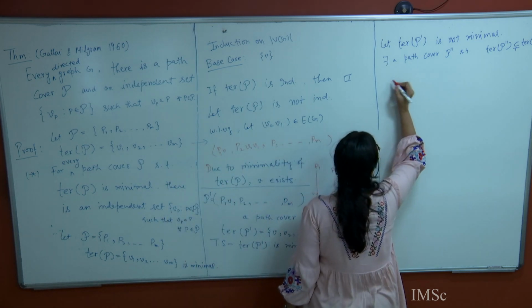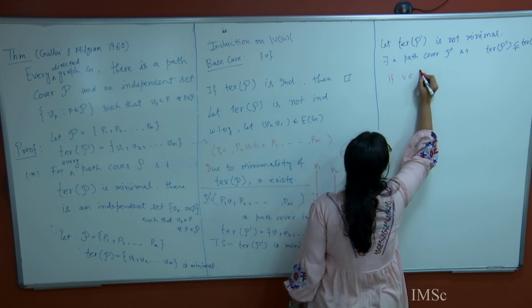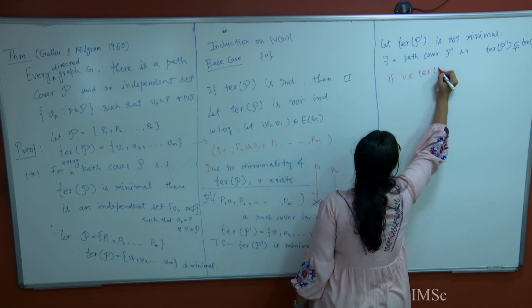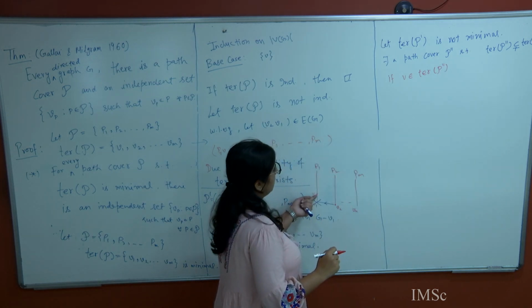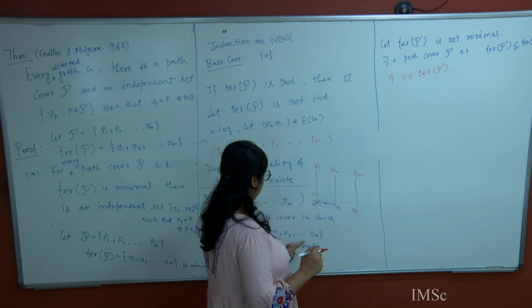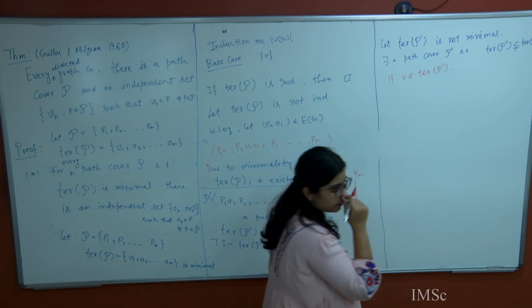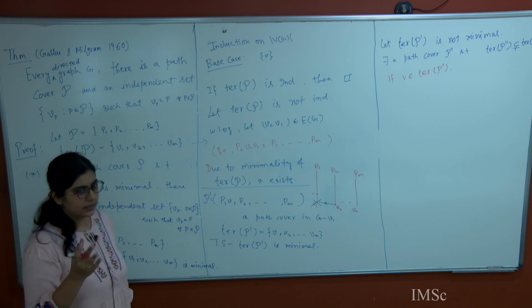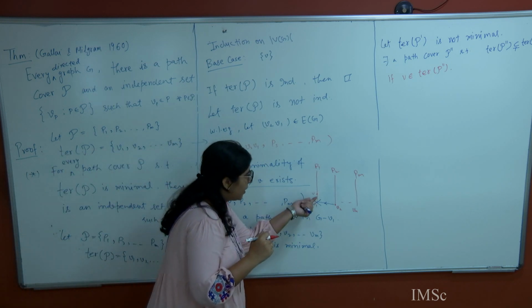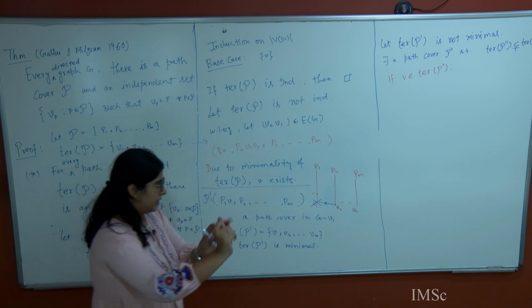What happens if this vertex V belongs to the terminal set of P double prime? And we have a smaller path cover for the original. Yes, exactly. That's why I am looking at V and V2, because I want to look at V1 as well.